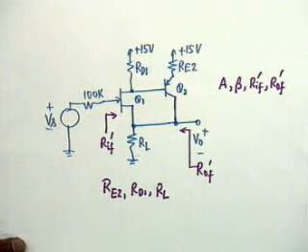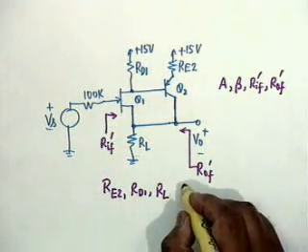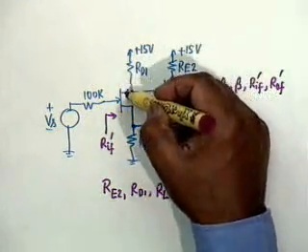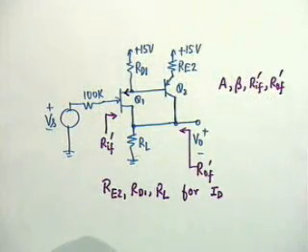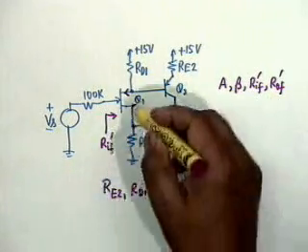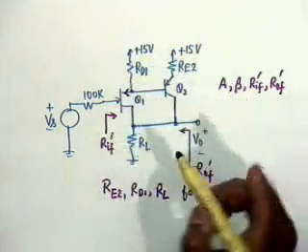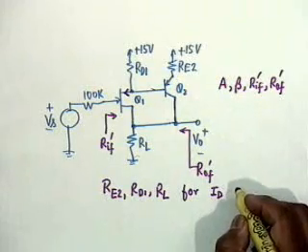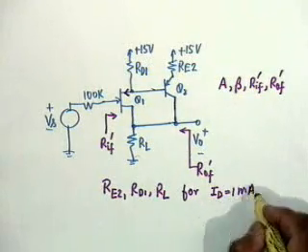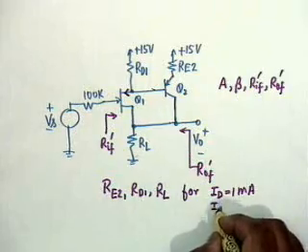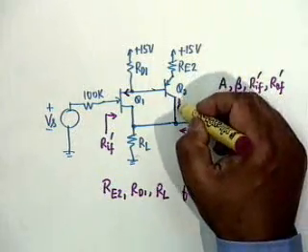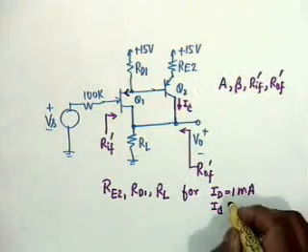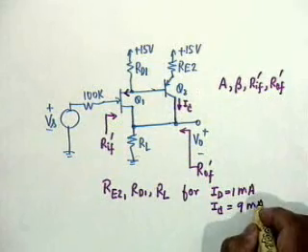such that I sub D, that means this current, the DC drain current of the transistor Q1. It's not the same as the current through RD1. You must not make that mistake, because there is a base current here, okay. For I sub D equal to 1 milliampere, and I sub C, which is this current in this direction, I sub C is equal to 9 milliampere.